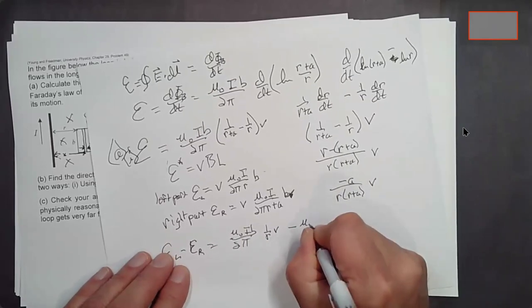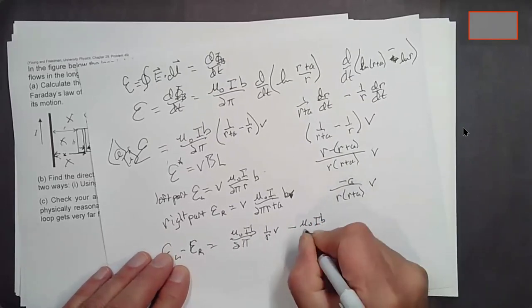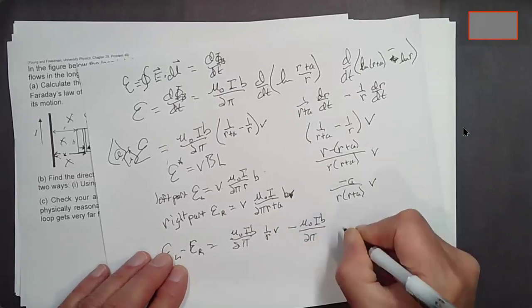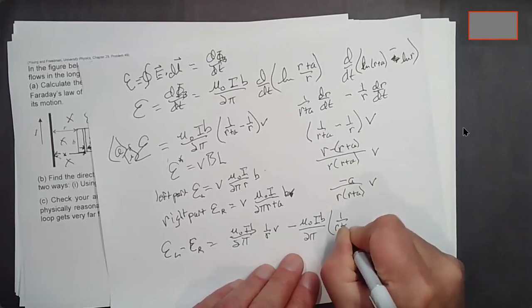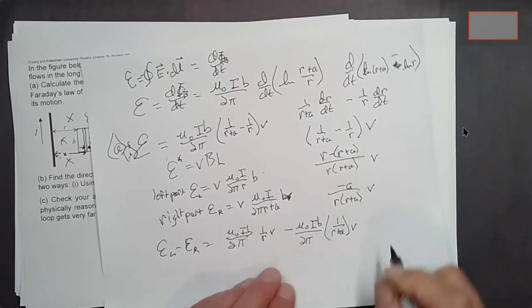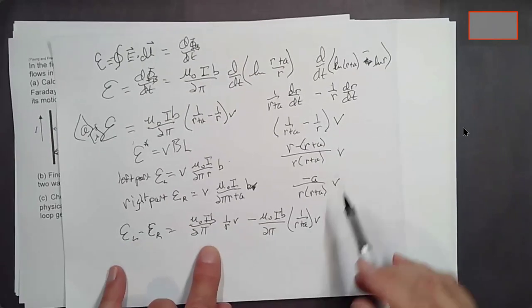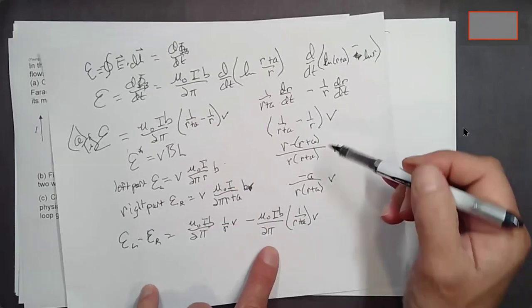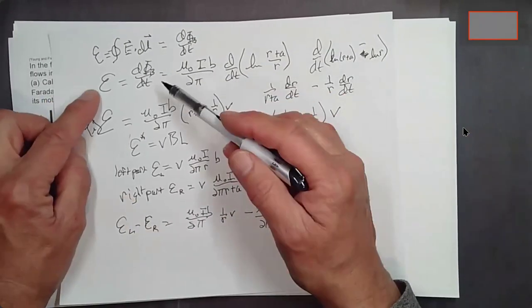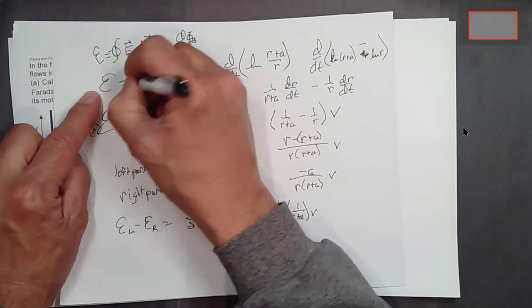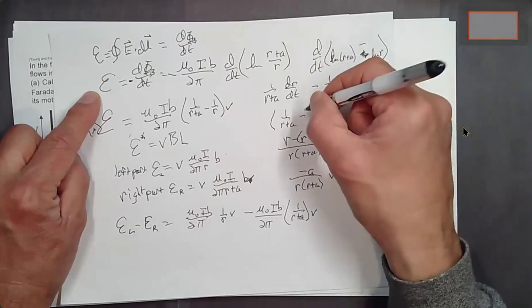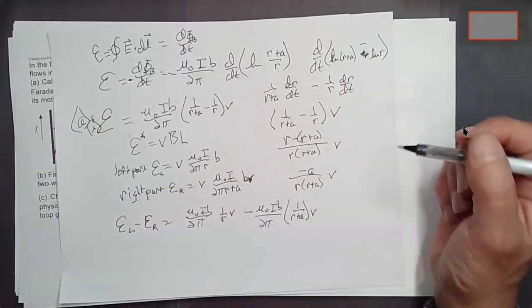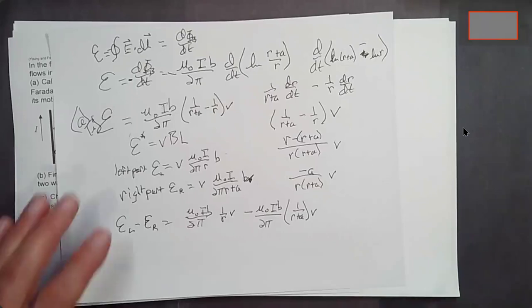Minus mu naught I b over 2 pi times 1 over (r plus a) times v. And actually, we end up with the same expression. I've just got it opposite on there because I should have had a minus sign on here. The induced EMF is minus. And so if I put a minus sign in front of this, I'd swap the order of those. So, another complicated problem.